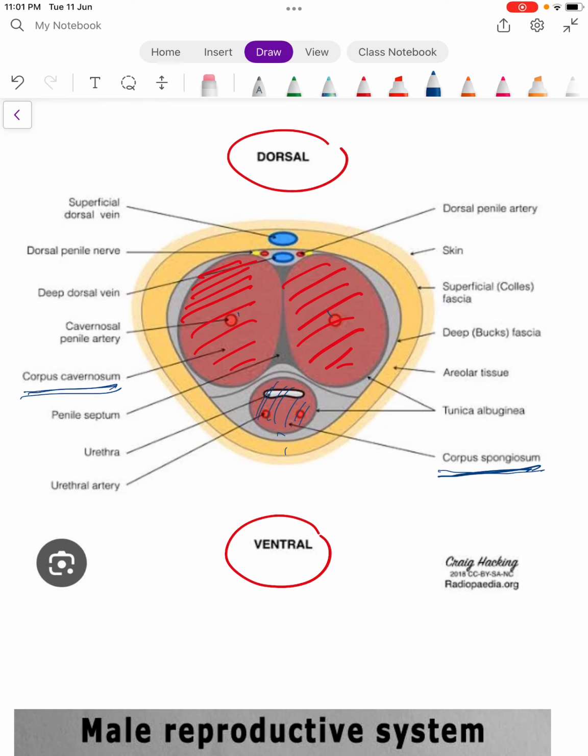So dorsal को बोलते हैं corpus cavernosum, and जो ventral है उसको बोलते हैं corpus spongiosum.